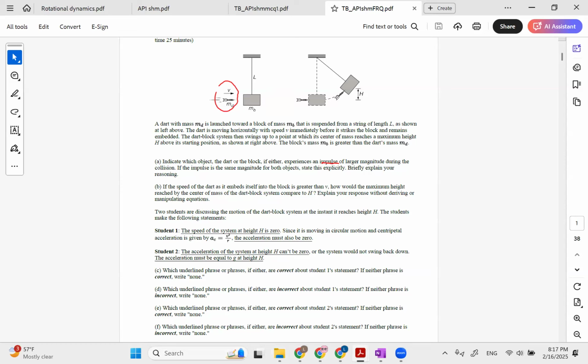So the change in momentum on the dot and the change in momentum on the block, what's the relation between these two? What is it? Should be equal, right?